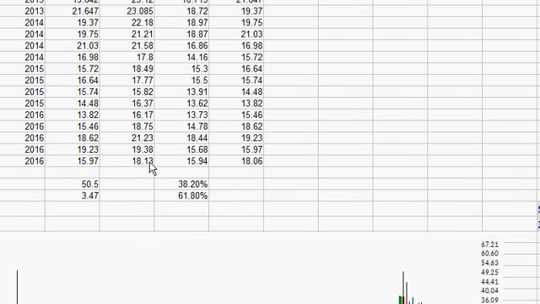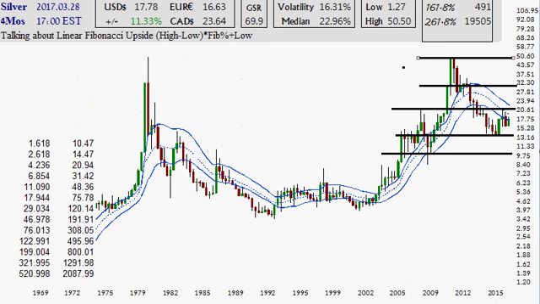What do we have for a low? 13.62, 13.73. So it was exactly within that area. Once again, another perfect hit.